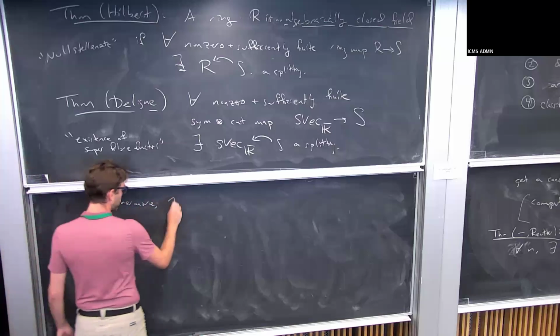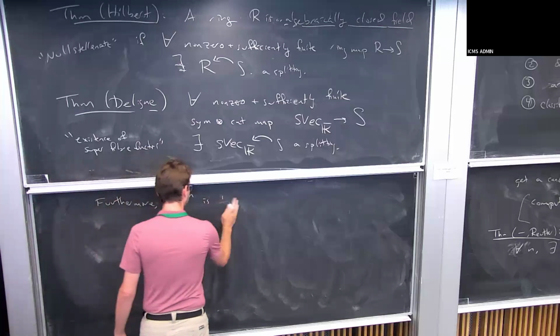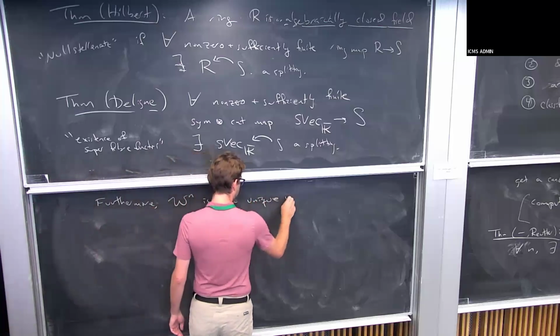Furthermore, Wn is the unique symmetric monoidal n-category with the following features.